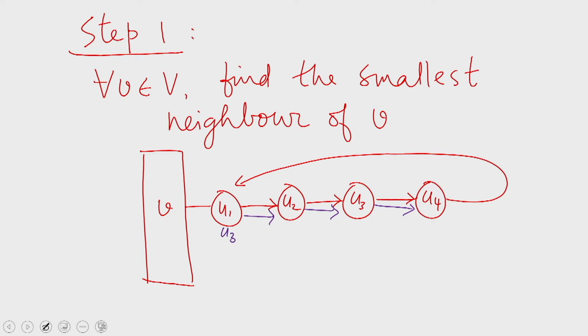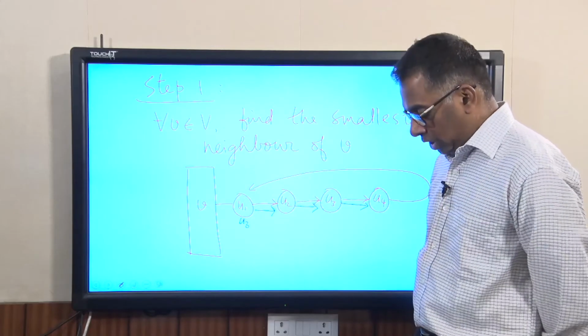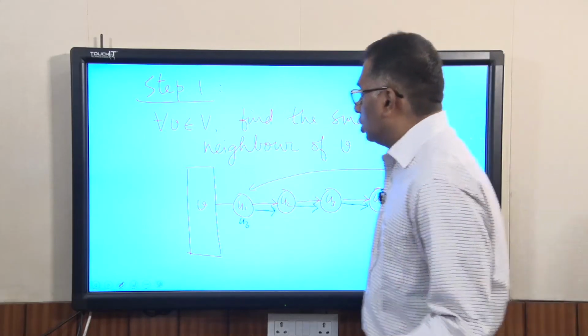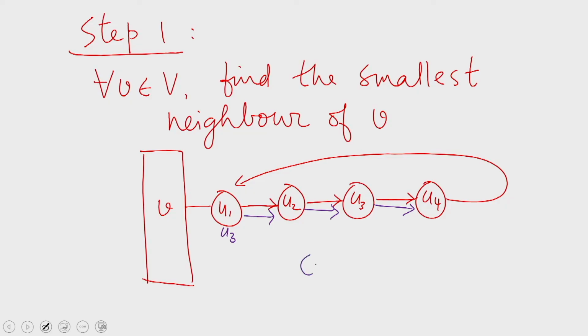Let us say u3 is found to be the smallest here at vertex u1, and then we can discard all the blue pointers and go back to the original red pointers. So in this way, without destroying the original pointers, we can find the smallest neighbor of vertex v. And when we do this simultaneously for every single vertex, we would have found the smallest neighbor of every vertex v simultaneously. So this can be done in order of log n time.